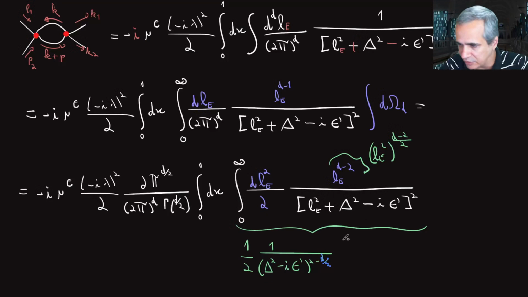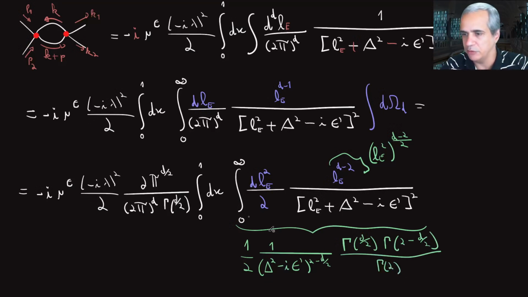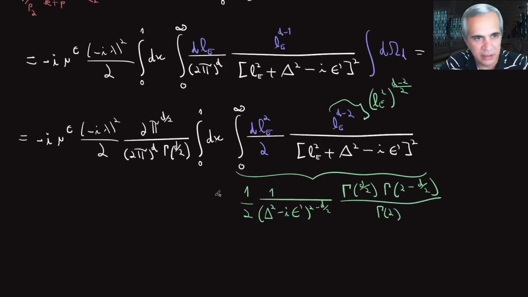And the gammas that show up here are gamma of d over 2, gamma of 2 minus d over 2, over gamma of 2. So this integral is now done. I'm left with the integral in x only. There's a lot of simplifications we can work out here. So for instance, let me choose an appropriate color. So this guy cancels this guy.